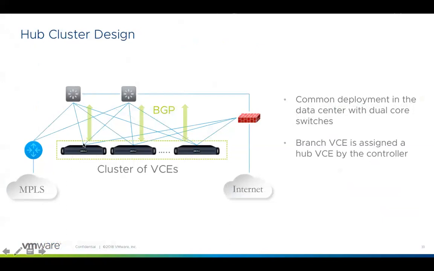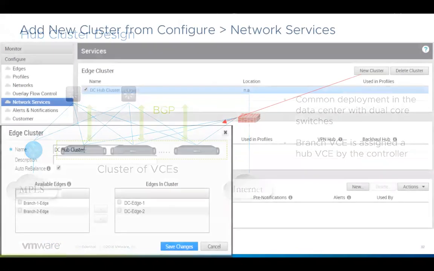They would have their own BGP sessions as well as their own public IP address to establish overlay towards the internet. They almost behave like independent devices, and the controller will decide which of the hub devices a branch should connect to.